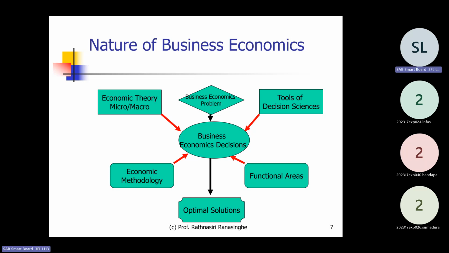Sometimes you may decide, rather than producing in-house, to purchase from the outside. Buying outside is sometimes very profitable rather than producing inside the plant. So you decide whether to produce in-house or buy from the outside.